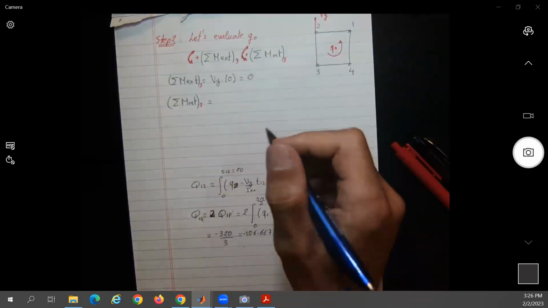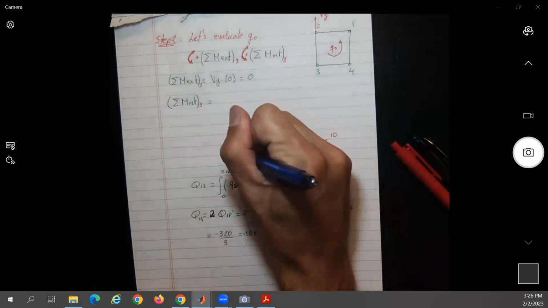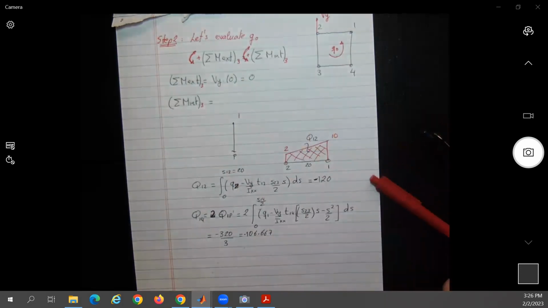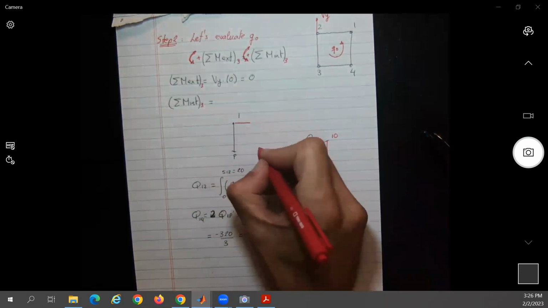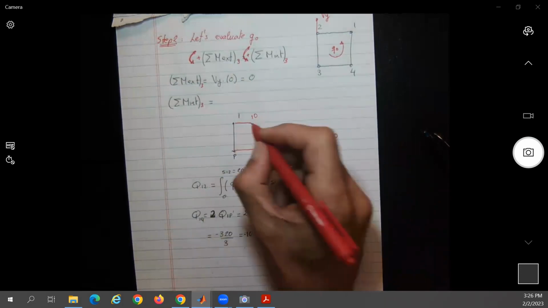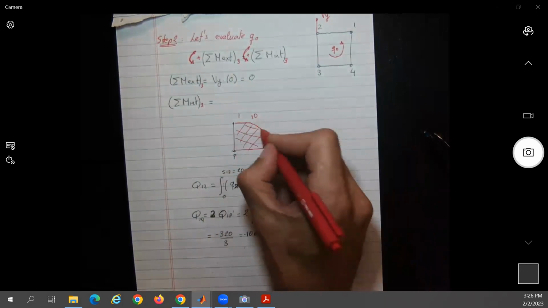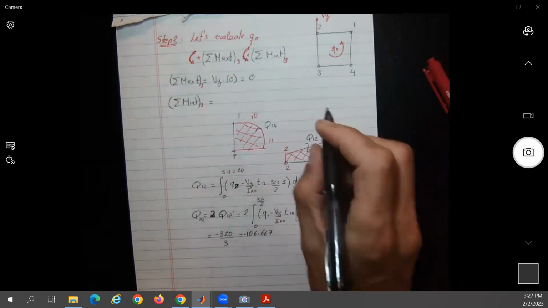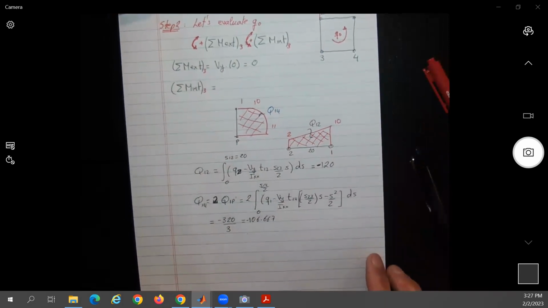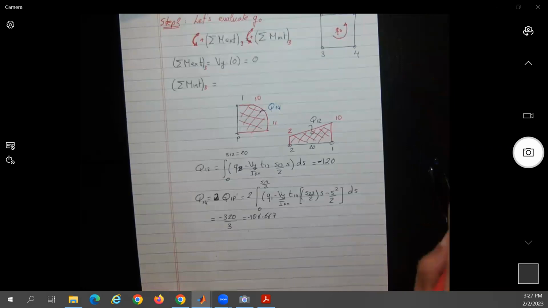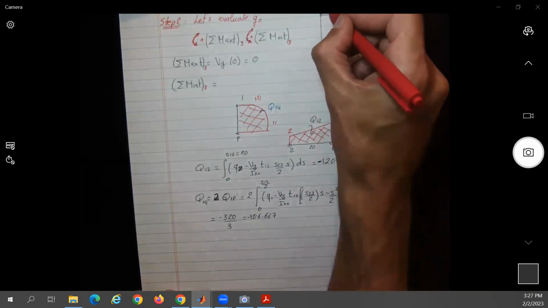Okay, and this will be for the value here, 1 to T, which integral is, again, this one right here from 10 to 11. So this is the value we call here Q14. Okay, so if you remember, we said this one was going in what direction?